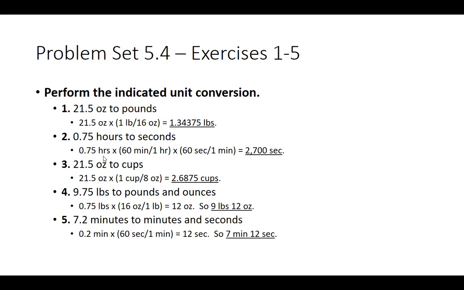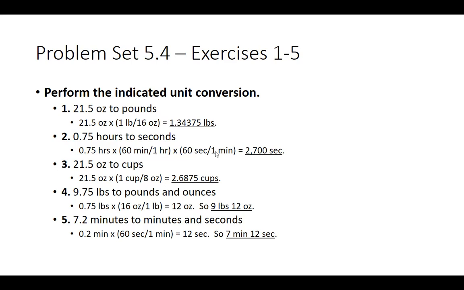In number 2, we want to convert 0.75 hours to seconds. So we'll start by converting hours to minutes and then minutes to seconds. Getting rid of hours requires hours to be on the bottom. So 60 minutes on top, 1 hour on the bottom.